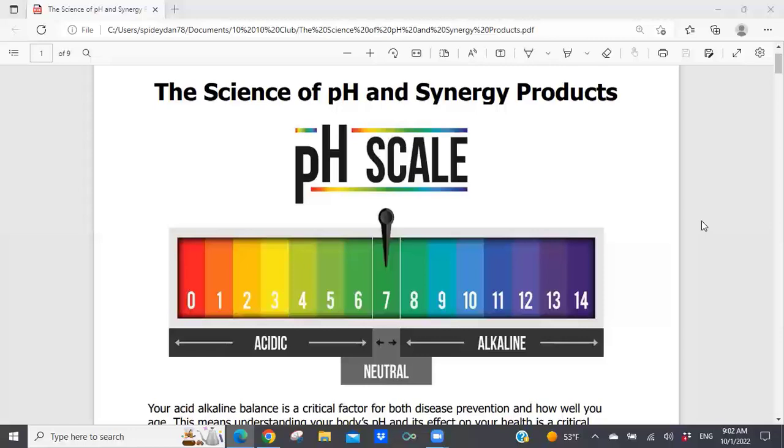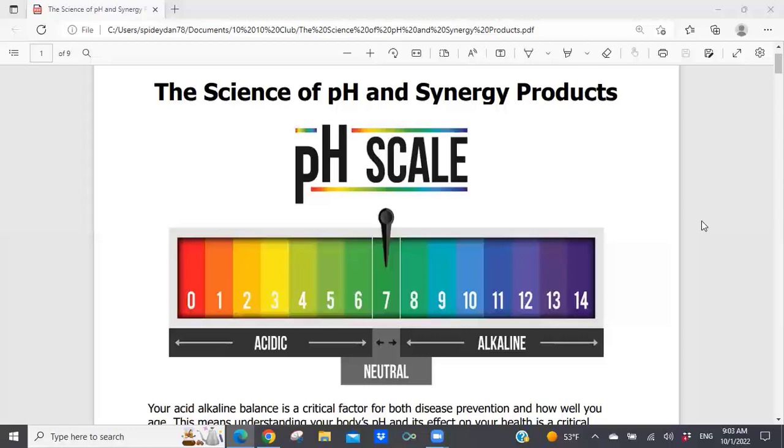And if I went from a pH of 7 down to a pH of 5, then I increased the acidity by 2. But that's not how this scale works. It's logarithmic. So if I go from a pH of 7 to a pH of 6, I've increased by 10-fold.